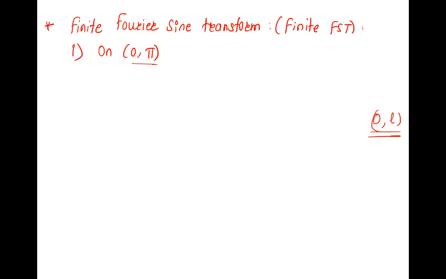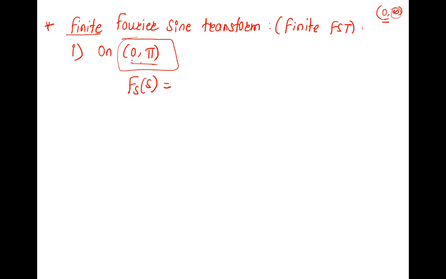If it is defined on 0 to pi, we are writing Fourier sine. The FSS notation is again the same. Finite means it is defined on some finite interval and not 0 to infinity. It starts with 0, we know, so 0 is fixed.